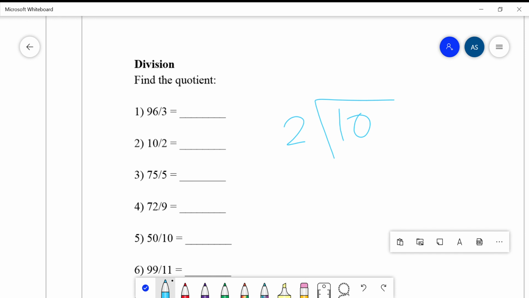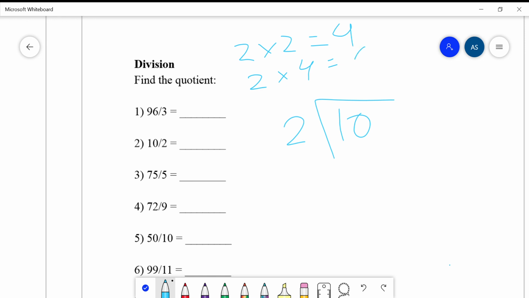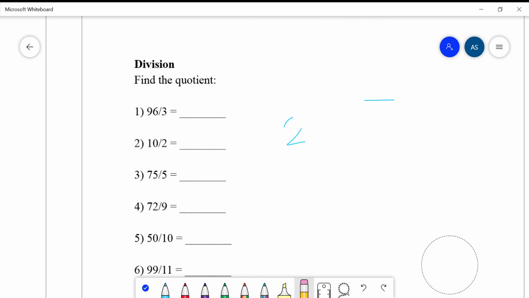So we do 2 times 2, which is 4, and that is not 10. We could try 2 times 4, which is 8. No, that is not equal to 10.